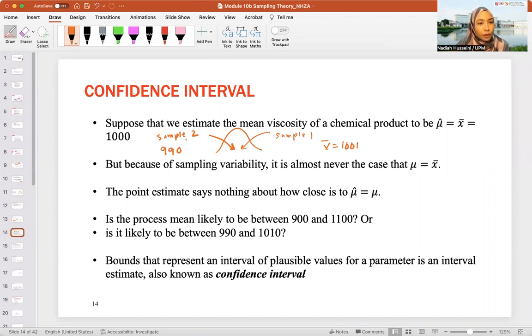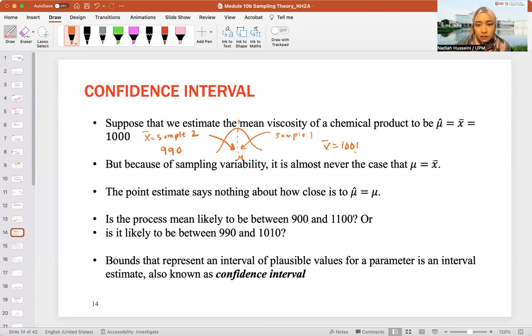You can make a point estimate from your sample, but it doesn't really tell you how close it is to the actual true mean. This is your sample mean. It follows a normal distribution, which we discussed using the central limit theorem, but it doesn't tell you how close it should be.